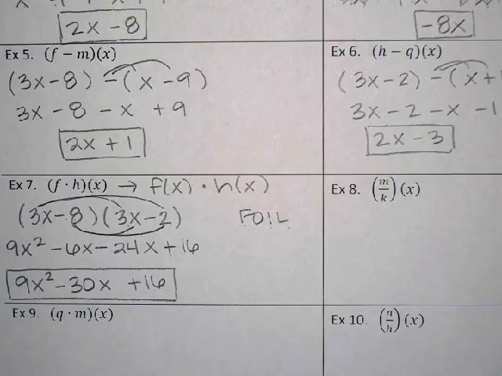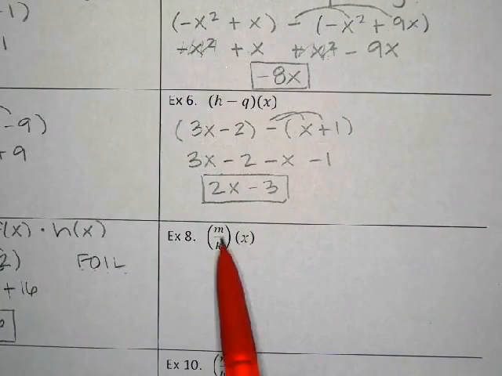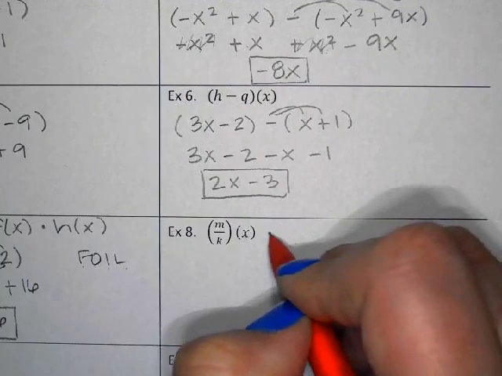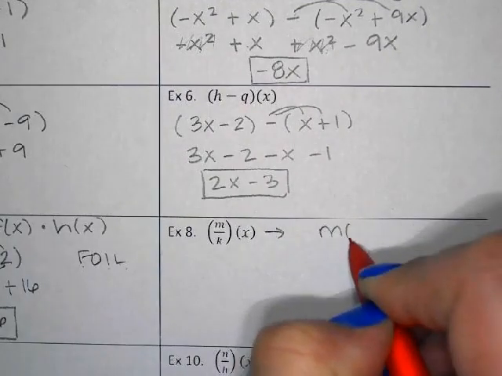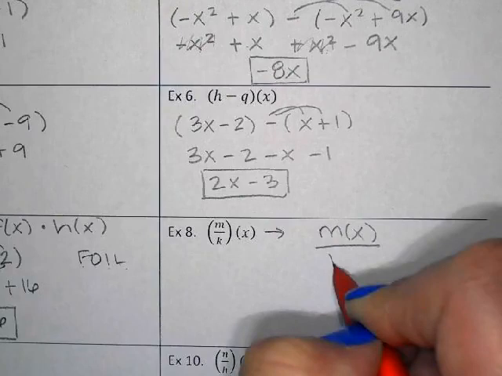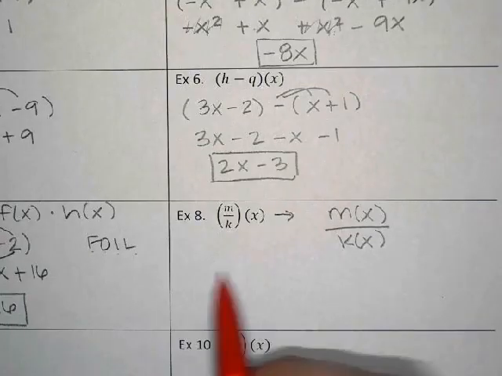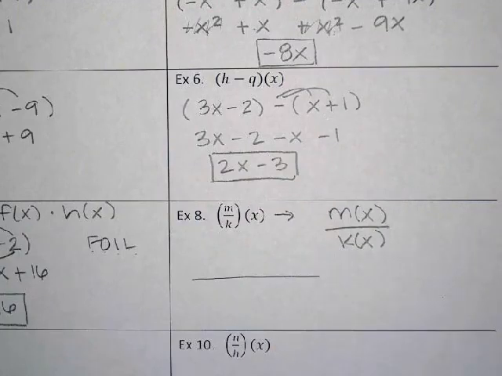What is the next one? It's not multiplication, it's division. M of x divided by k of x. And students usually really love this one because you just write it like a fraction and you're done. So m of x goes on top, x minus 9.